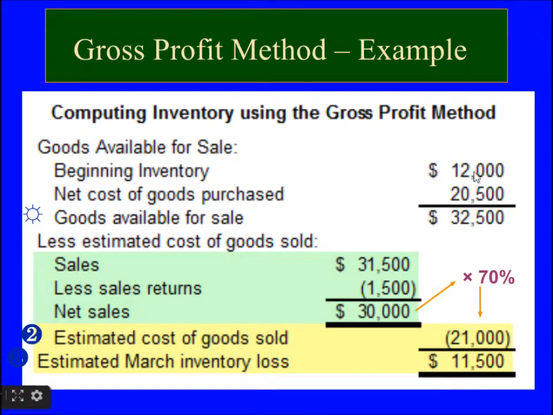It's given that beginning inventory is 12,000, and net cost of goods purchased is 20,500. So total goods available for sale will be the beginning inventory plus the net purchases, which is 32,500. We are also given sales of 31,500 and sales returns of 1,500. So deduct that 1,500 from the sales to get the net sales.